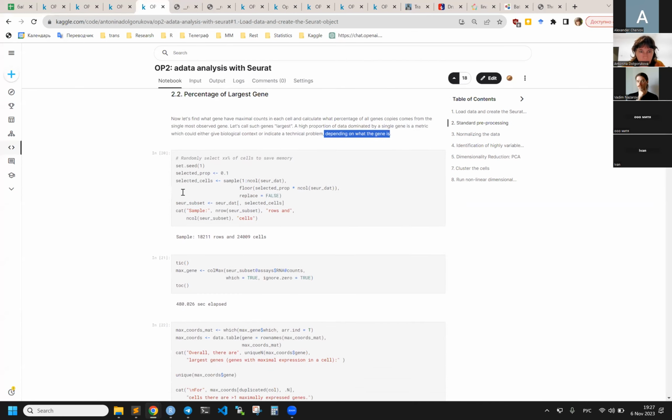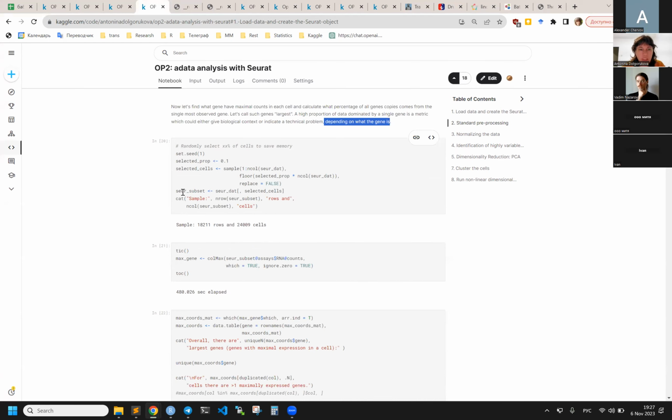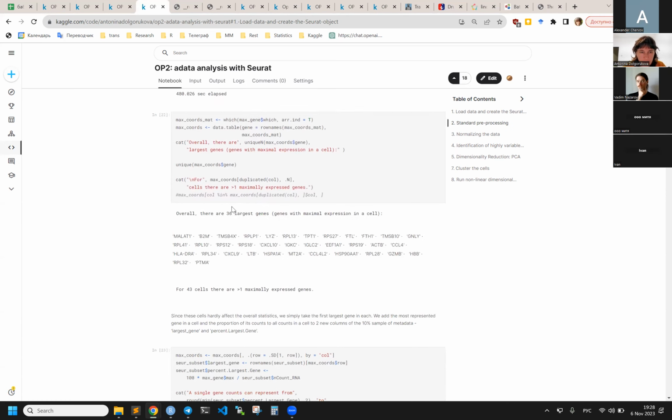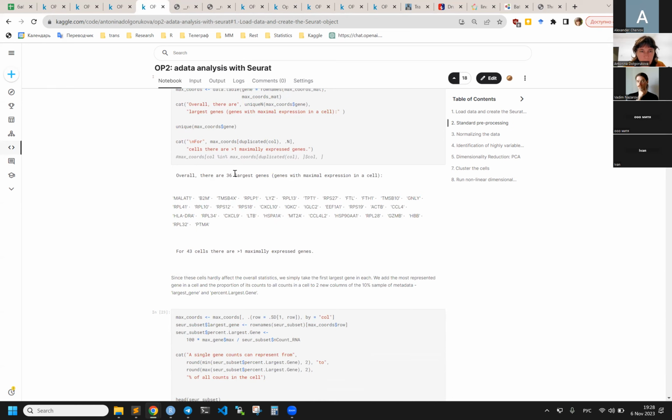So we will check what genes account for most counts in cells and how often we can see them in the data. Here we calculate, I skip it, and overall the 36 largest genes means that these genes have their maximal expression in all cells.